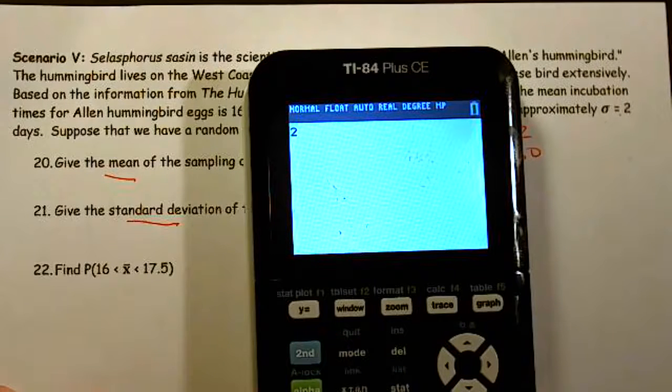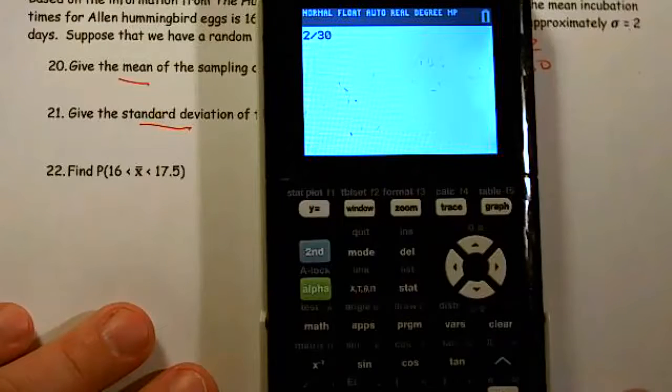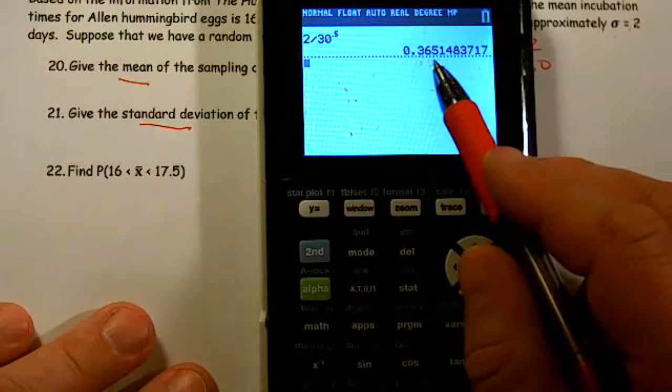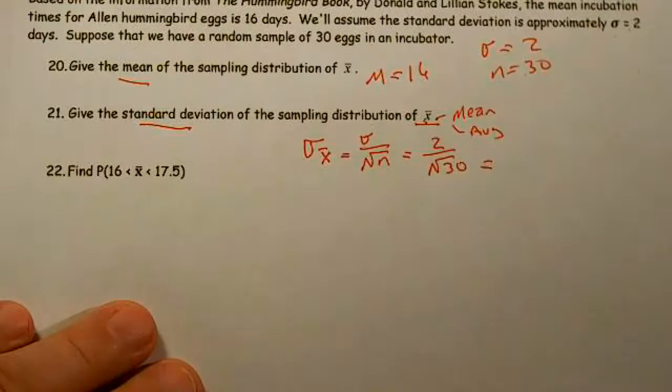So 2 divided by 30 raised to the half power. And once again, I like to use the caret button. So 2 divided by 30 raised to the half power. And I end up getting 0.3651.